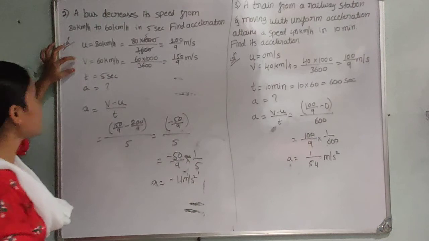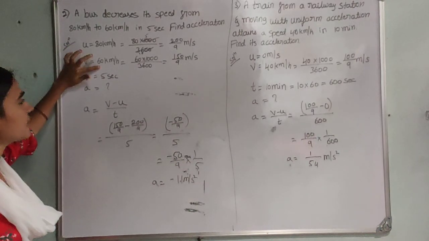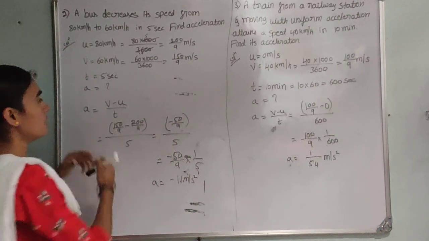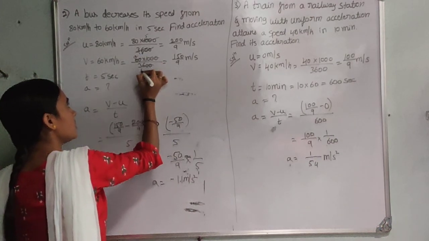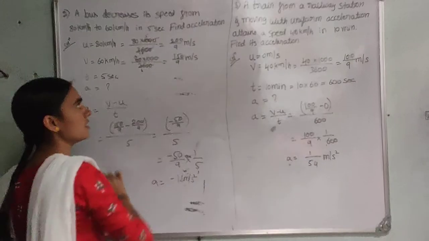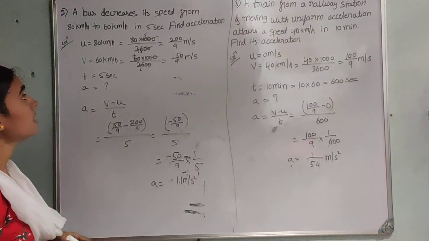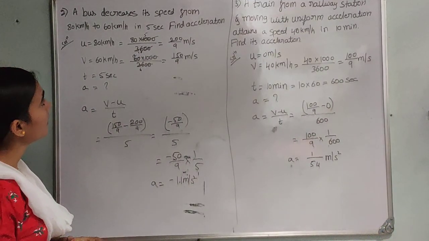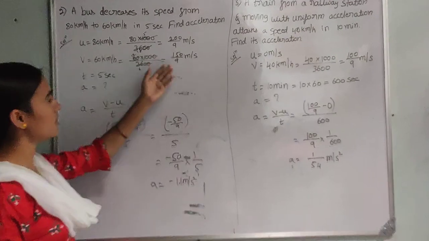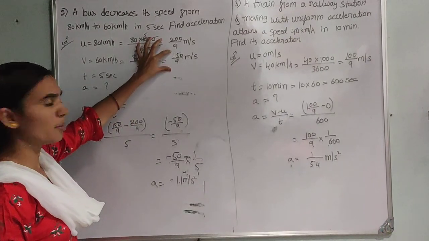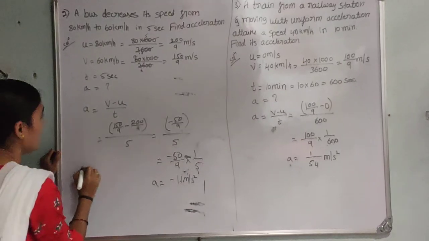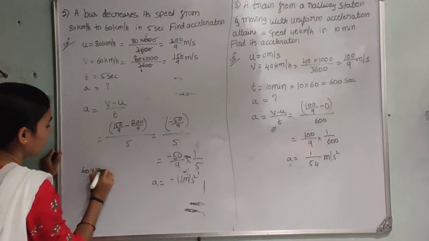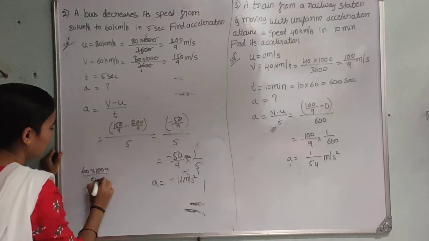Similarly, the final velocity of the bus is 60 kilometer per hour. That is 60 into 1000 divided by 3600.